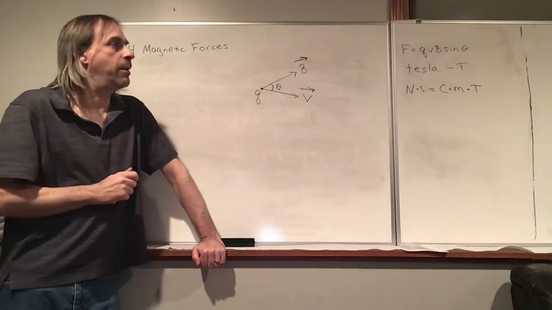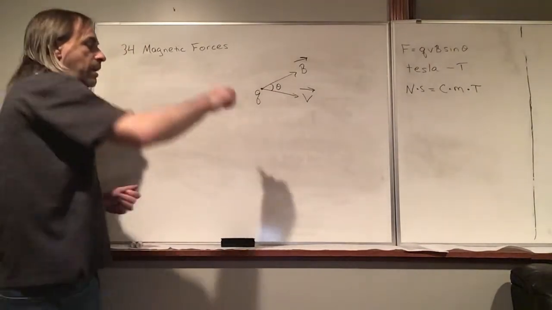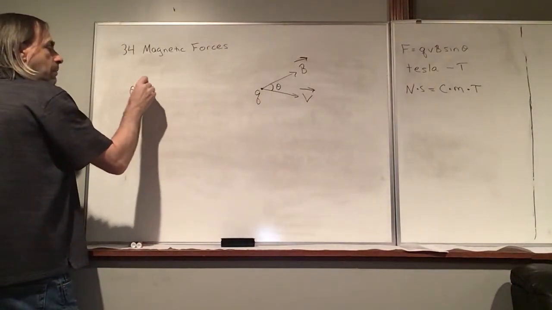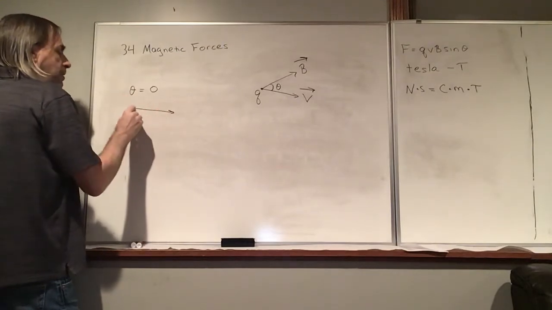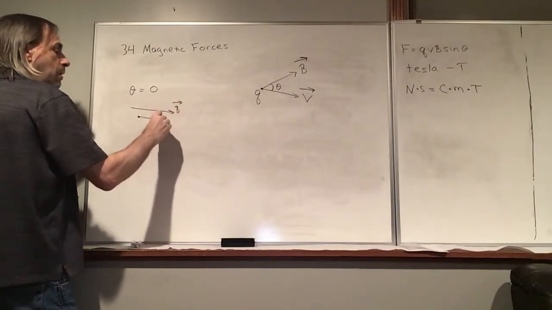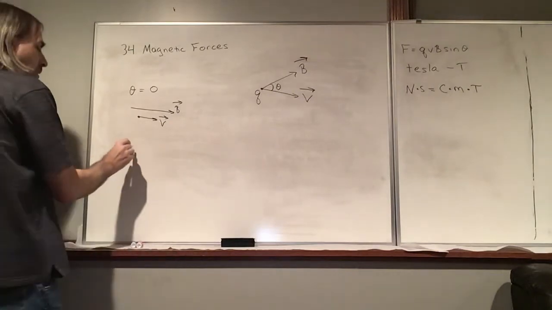So to start out with, let's just make an observation here. If theta is 0, let's draw that picture. So we've got a magnetic field in this direction and some charged particle moving in the same direction. That would be theta equals 0.